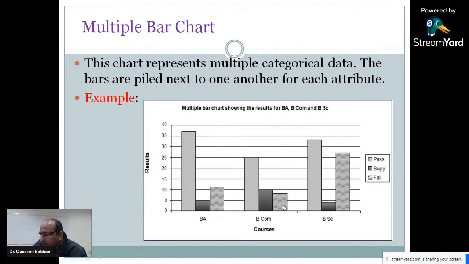For BCom, these are the three bars: one for pass, second for supplementary, and this for fail. For BSc also, this is for pass students, this is for supplementary students, and this is for fail students. So here, without using a table and without writing any of the data, you can just see the bars and observe what the data is.